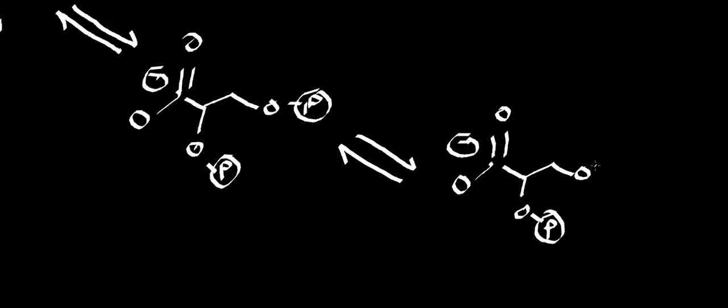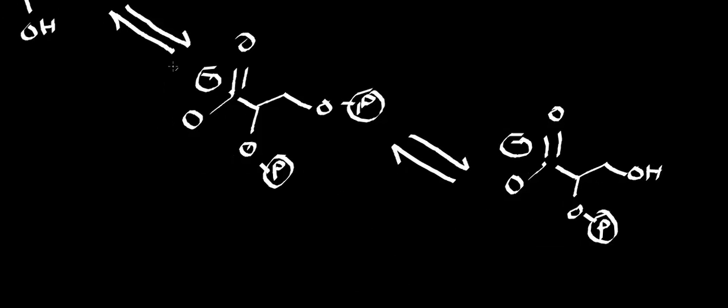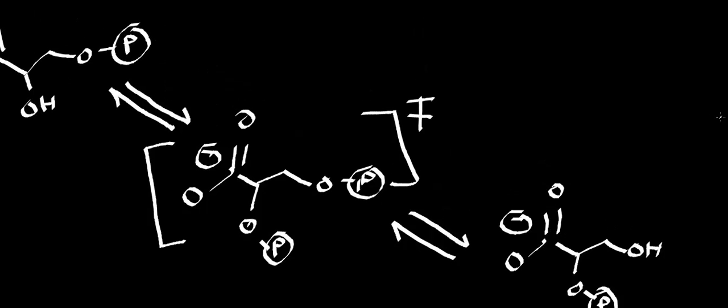And that's the reaction of phosphoglycerate mutase, okay? And so what we would do is we'd say that this is an intermediate, right? That's your intermediate, okay? Now, what is that molecule? Well, this molecule is called 2,3-bisphosphoglycerate, and we usually abbreviate it 2,3-BPG.